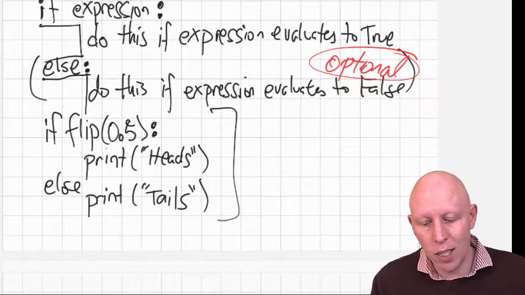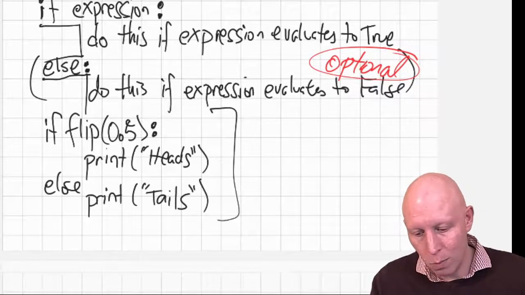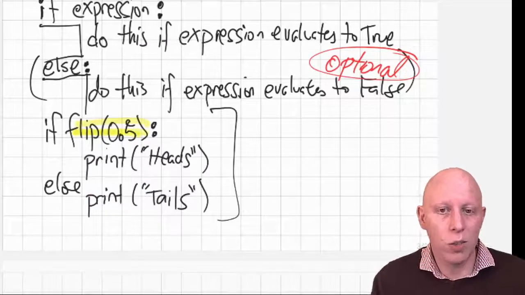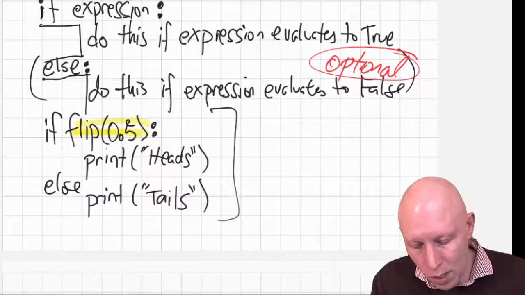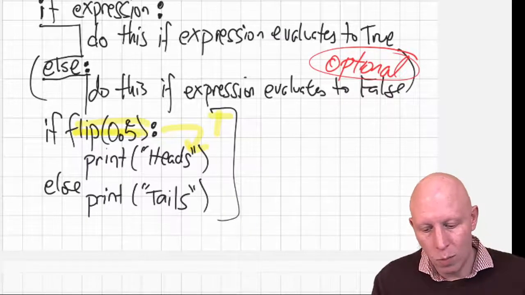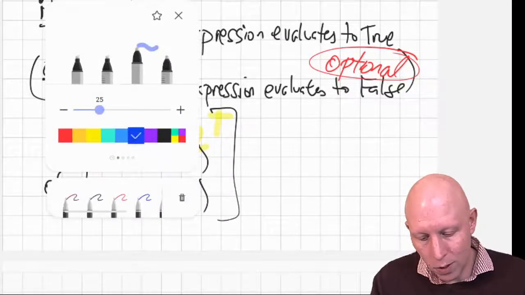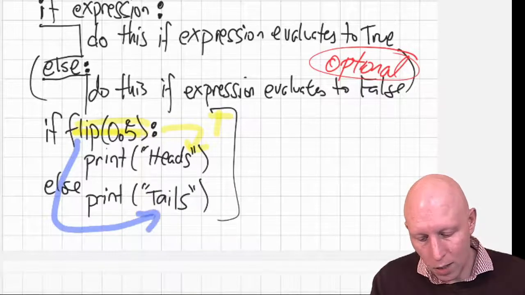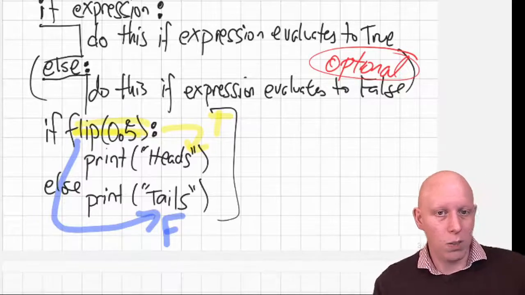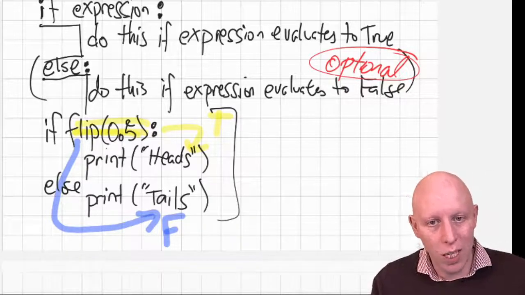So half the time, this part right here gives us a true, and when it gives us a true, it's going to print heads. But if it gives us false, then it's going to give us tails. So some of the time it's going to give us heads, some of the time tails.